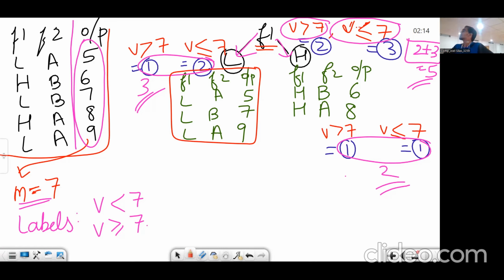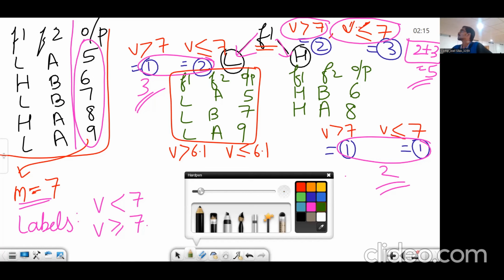So the labels now will be values greater than 6.1 and values less than or equal to 6.1. So how many values are greater than 6.1? We have 7 and 9. So we have 2 values.